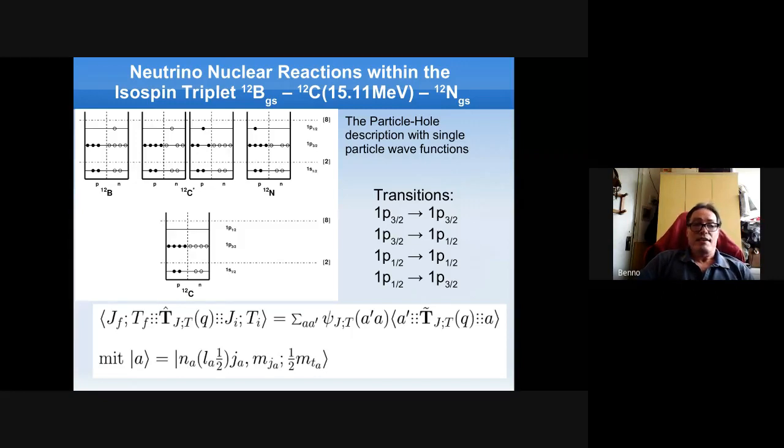Below here we see the many-particle multipole element, and it can be expanded as a sum and superposition of single-particle wave functions with transition probabilities, and we can use the oscillator single-particle description to describe these elements.